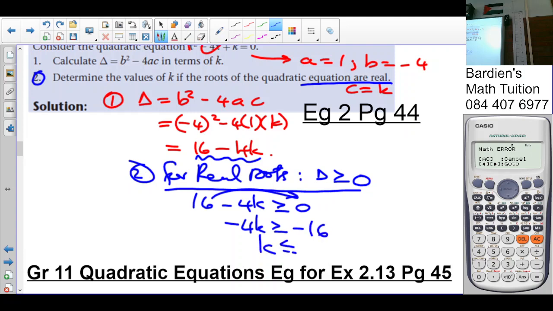Divide by negative, the inequality swaps around. 16 over 4 is going to be 4. So if you choose any value for k that is less than or equal to 4, the roots will always be real. Okay. So with that, you should be able to do exercise 2.13 on page 45.